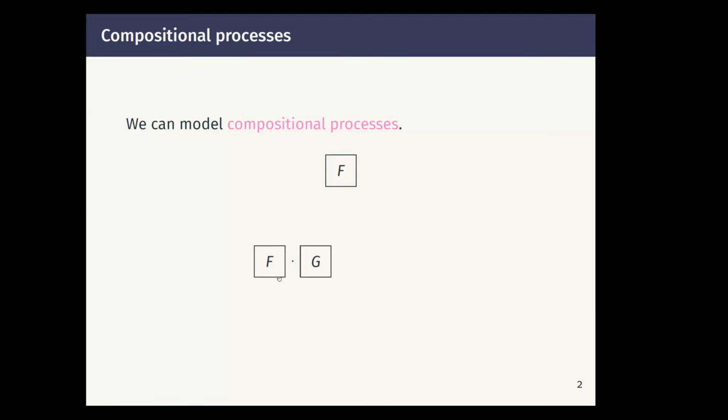We can do F followed by G, or perhaps we could just put them on top of each other, an F on top of G, or F tensor G. And this sort of compositional framework crops up in all sorts of places. I mean, the most probably famous one is the quantum computation work with all the spiders and various wires and things. But also it crops up in things like linguistics or electrical circuits with transformers and things.